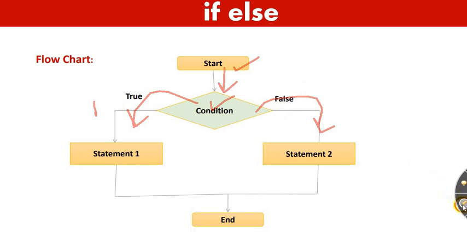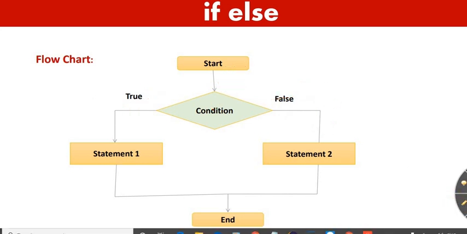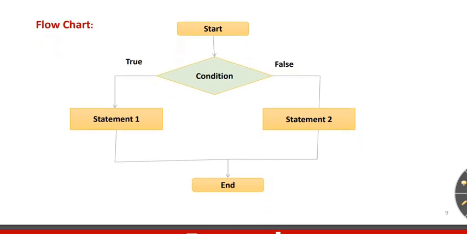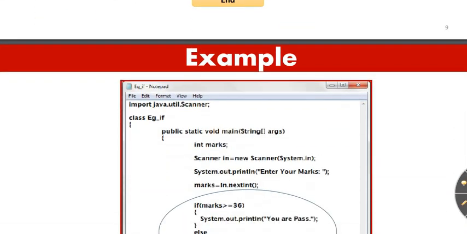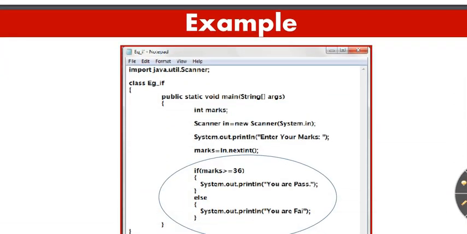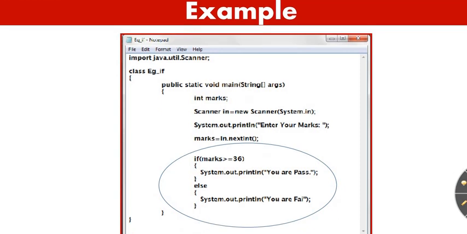So let me show you one program based on this. Same code I have taken. In my earlier video I explained all about this Scanner class, but again I am explaining. We are importing a package called Scanner for user input.